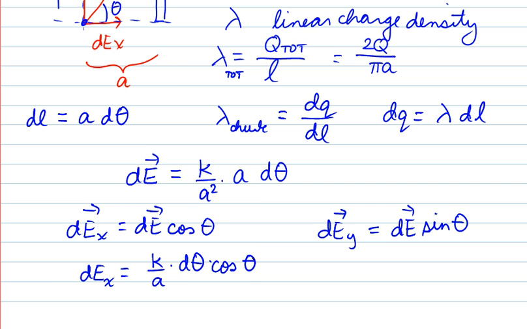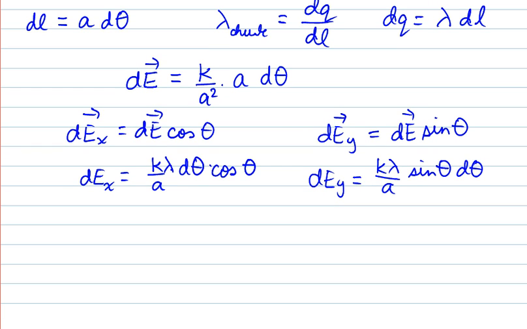But actually there's one more thing we need to plug in. When we plugged in dq was lambda dl, we kind of forgot about the lambda, so we'll pop that in there too. And similarly for dEy, we're going to have dEy is equal to k lambda over a sine theta d theta.